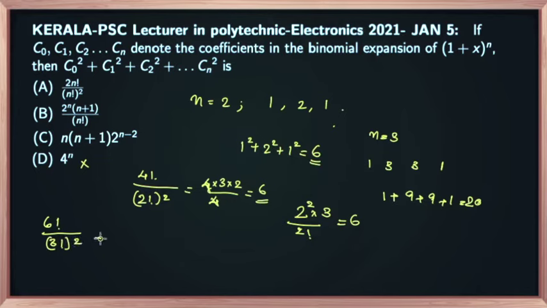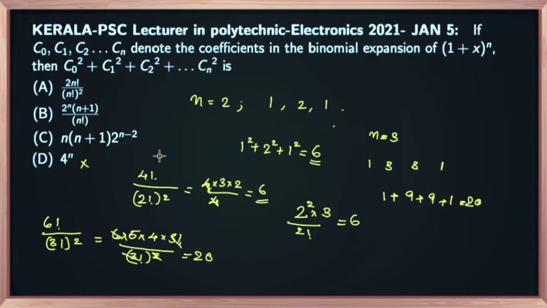So that is 6 into 5 into 4 into 3 factorial divided by 3 factorial square. One 3 factorial can be cancelled out, so you get 6 into 5 into 4 divided by 3 factorial, which is 6. You can cancel out 6 and 3 factorial, so the answer is 20.